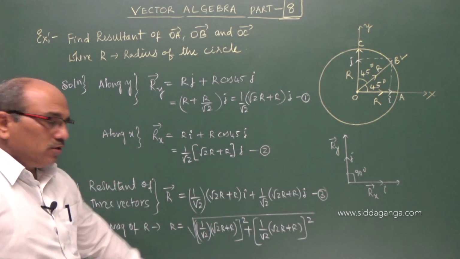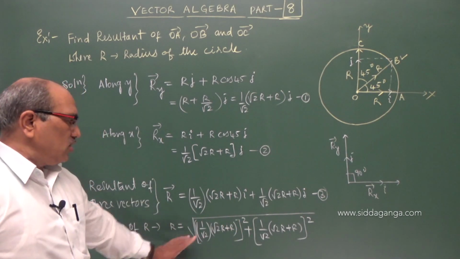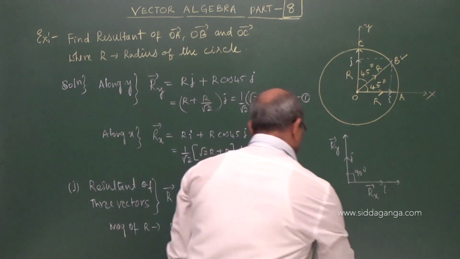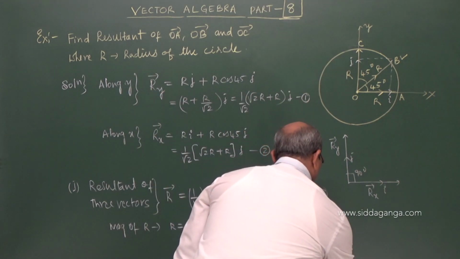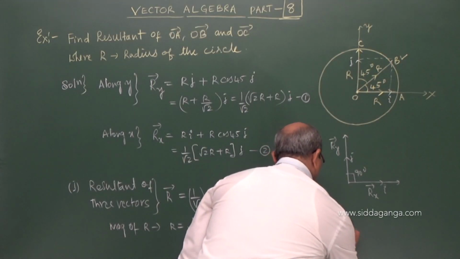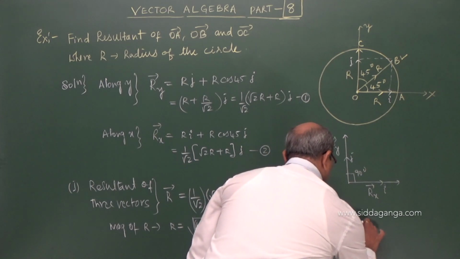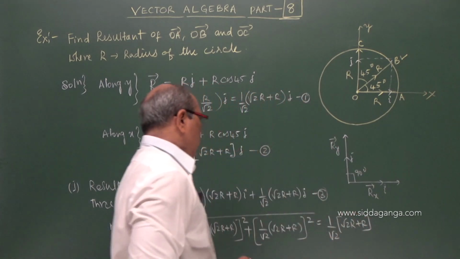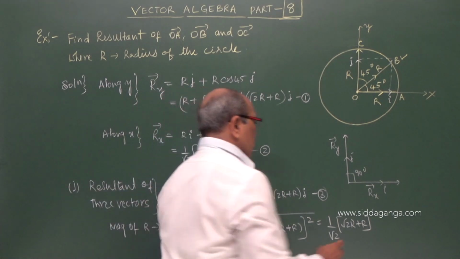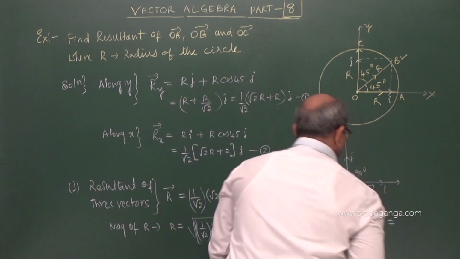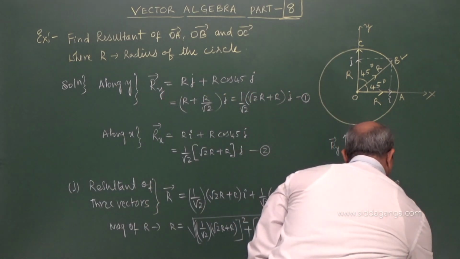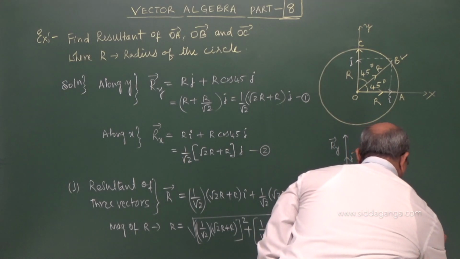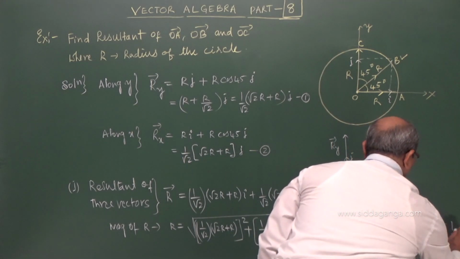When I bring it out, root 2 comes in the denominator. This becomes 1 by root 2 into (root 2 R plus R). Again 1 plus 1 is root 2, and that root 2 cancels. The final answer is (root 2 R plus R), which is the magnitude.